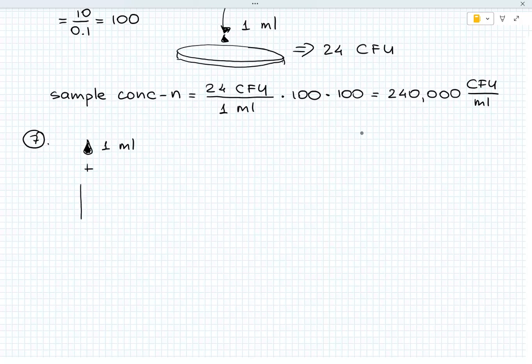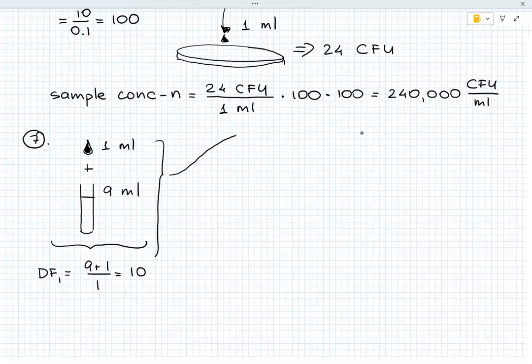So what is the volume of the diluent? 9 ml. So what is the dilution factor? First one, it's 10, right? Dilution factor does not have any units. It's unitless, so it is 10.